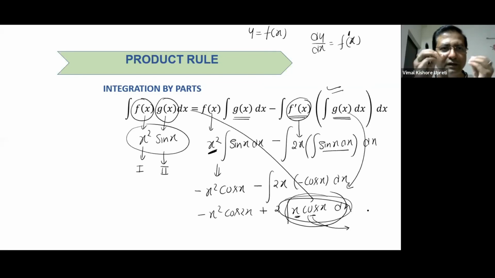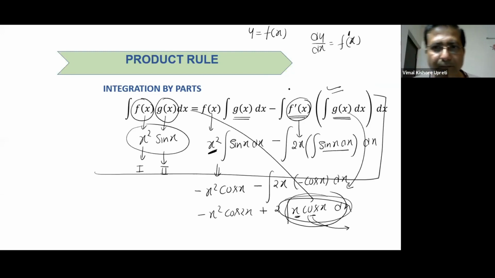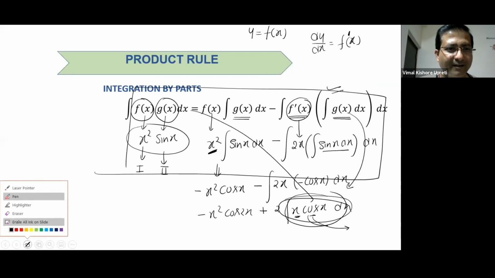But generally in physics, first of all, there is very little chance that you will get a product of two functions. Even if you do, it might be reduced in only one step. That's why I'm saying don't look at the length of the formula.